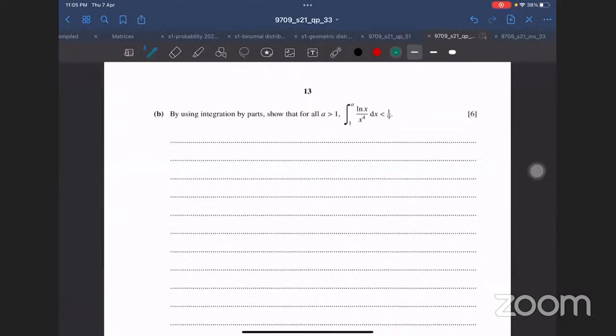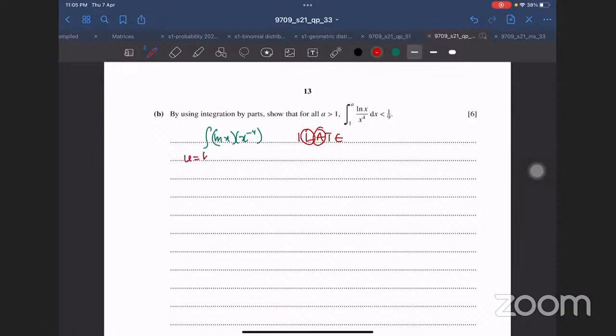Then it says by using integration by parts, show that for all a greater than 1, the integration of the expression dx is less than 1 over 9. Okay, let's first concentrate on the integration. Can I write this expression as ln x and x power minus 4? So using ILATE, I have a logarithmic and an algebraic.